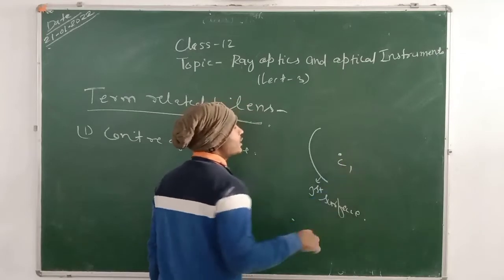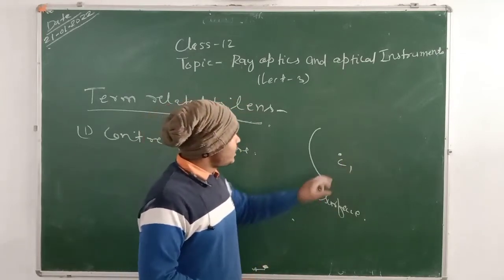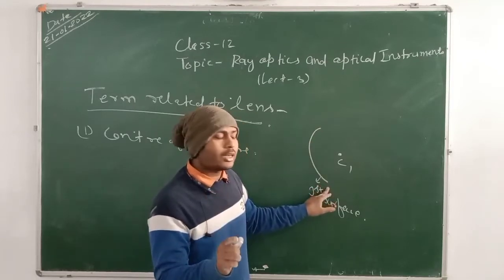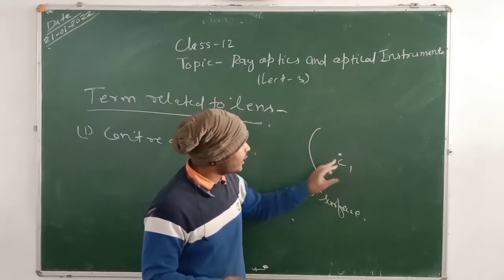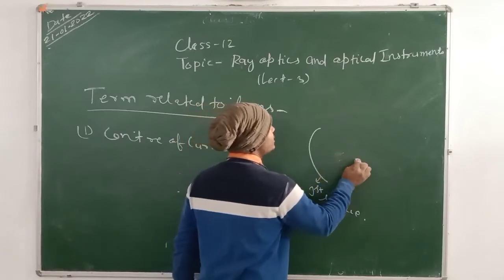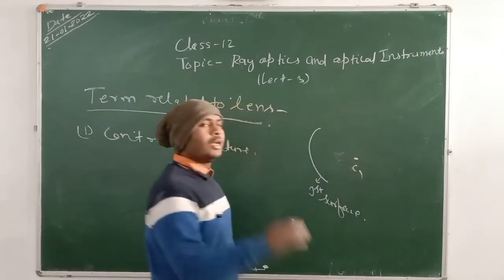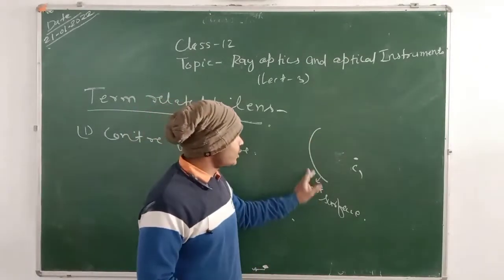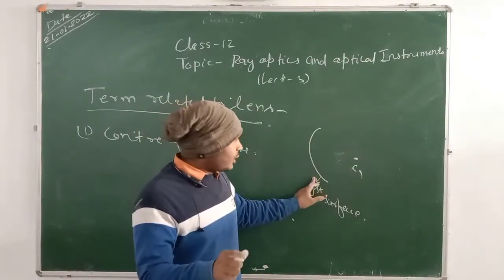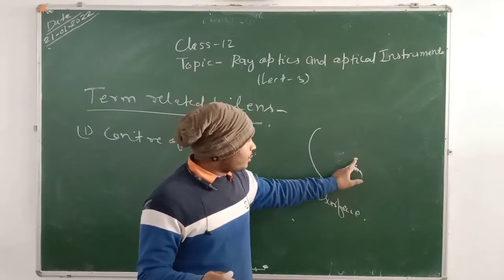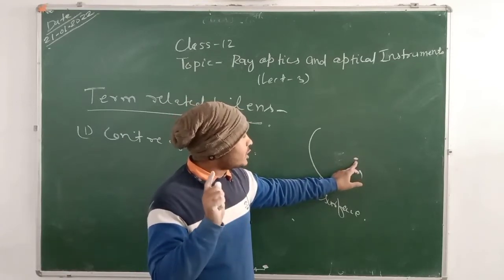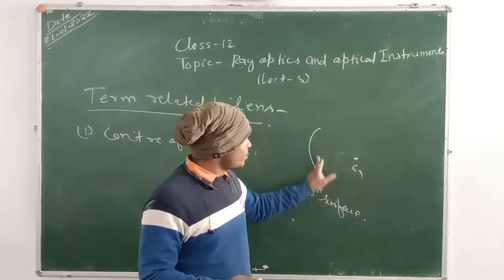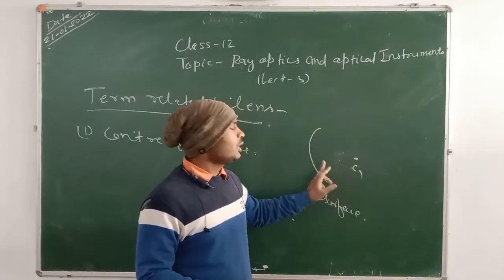It is the center of curvature of the first surface. I am indicating the center of curvature of this first surface by C1. The center of curvature is the center of the spherical surface, a point from which this portion of spherical surface is taken.